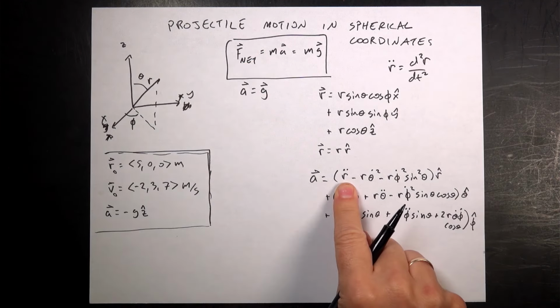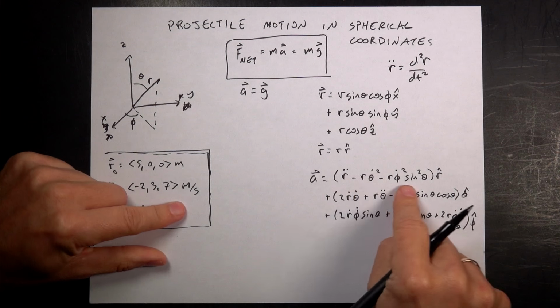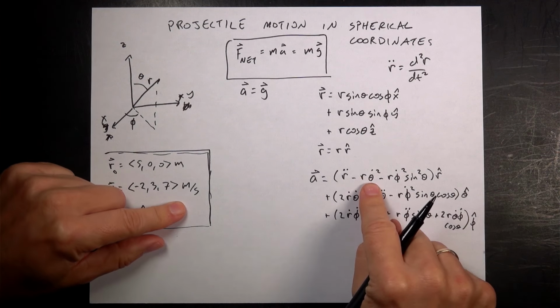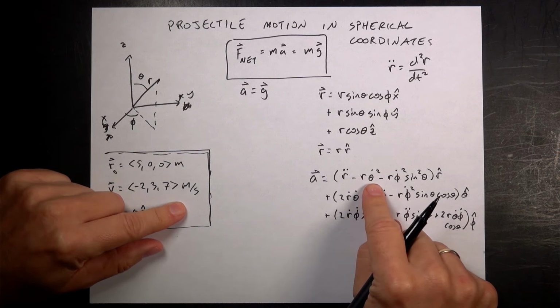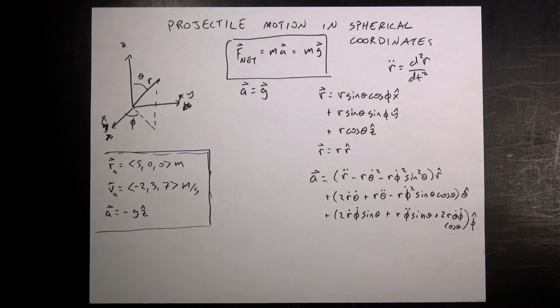That's the r coordinate, not the r vector, right? That's the spherical r value. So there's my r hat component, the acceleration in the r direction, the acceleration in the theta direction, the acceleration in the phi direction.